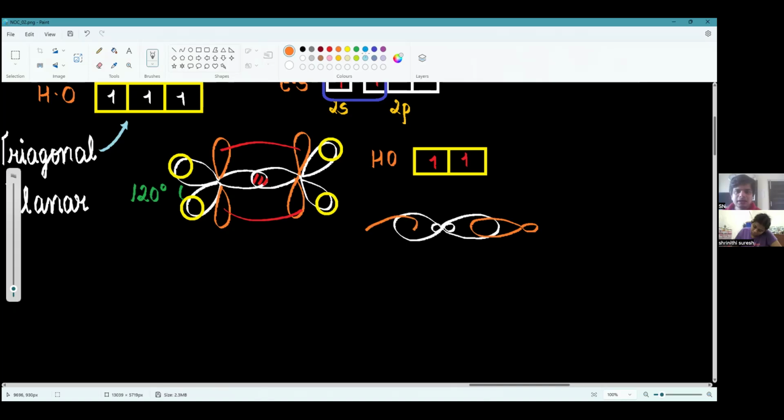Similarly, in the other chlorine, this lobe will be expanded. So here there is a single bond, physical overlapping takes place, and here also there is physical overlapping. The angle between these white colored hybrid orbitals is 180 degrees, and the geometry over here is linear. It is a linear geometry.